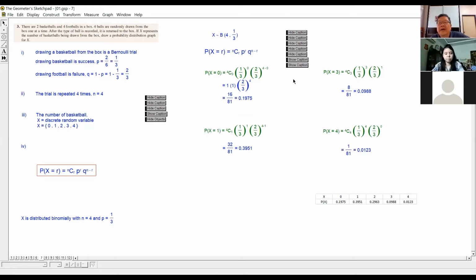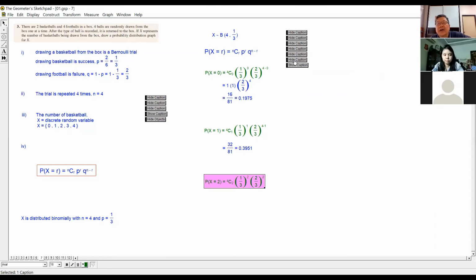How about the next one? X equals to 2. How to find the probability of x equals to 2? 4 choose 2, 1 over 3 to the power of 2, 2 over 3 to the power of 2. So use your calculator.